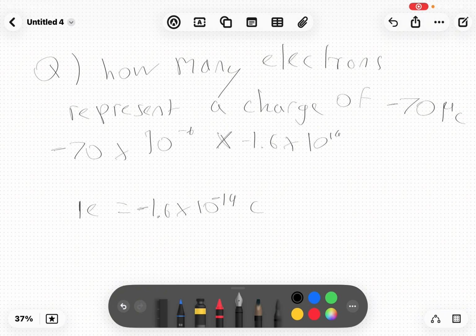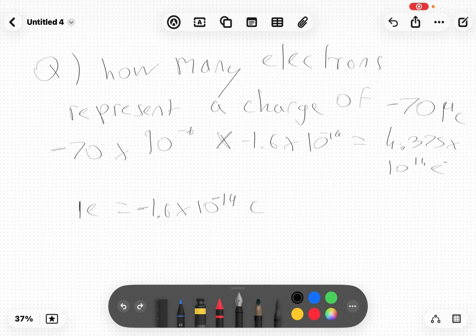And the answer of this is 4.375 times 10 to the 14 electrons. The reason it changed to electrons is because we used the right values, it turned it to electrons.